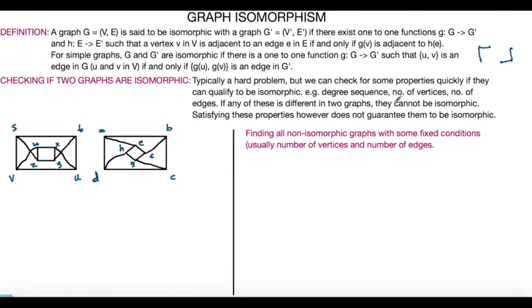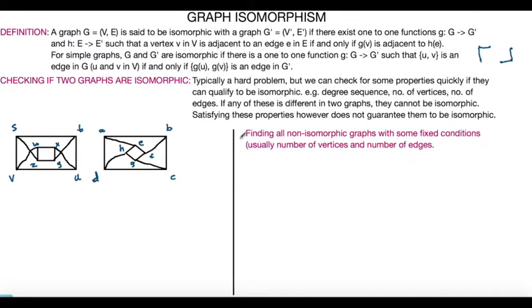The number of vertices on both sides should be the same, otherwise the function cannot be one to one, and the number of edges should be the same because otherwise the functions won't be one to one. If any of these is different in two graphs, they are not isomorphic. However, if these conditions are satisfied, there's no guarantee that they are isomorphic.